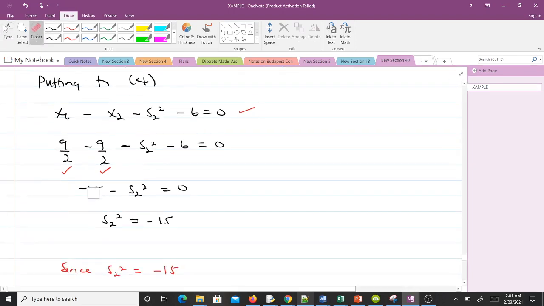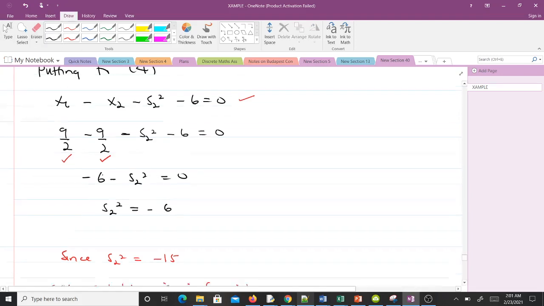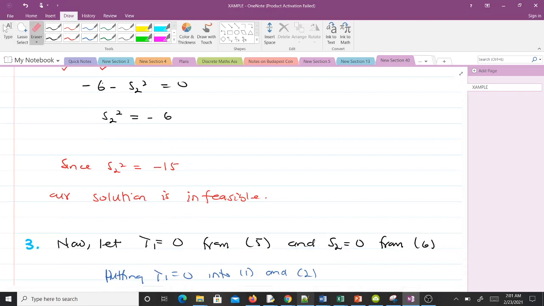And 9 over 2 minus 9 over 2 gives us 0. So we'll have negative 6 minus s2 squared equals 0, and s2 squared will be equal to negative 6. Since s2 squared is equal to negative 6, the solution we had is infeasible because there is a violation here. s2 squared should be greater than or equal to 0, and s1 squared should be greater than or equal to 0.